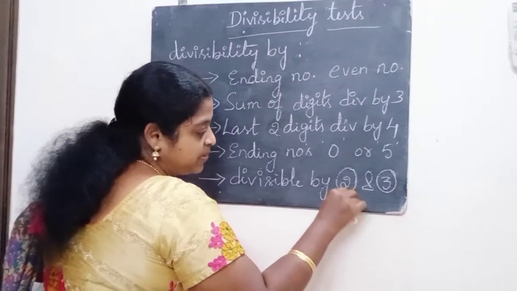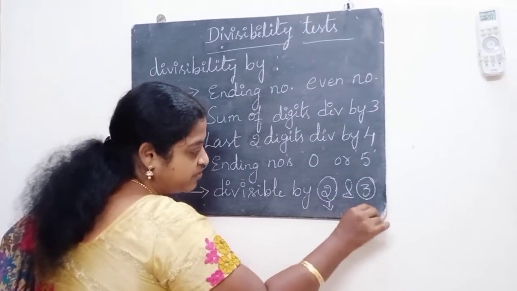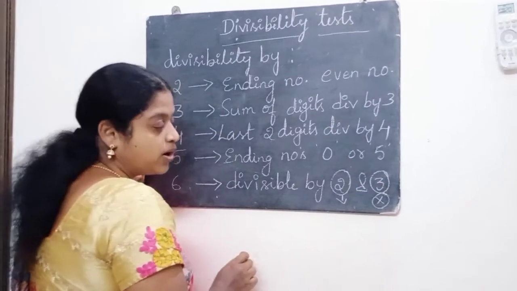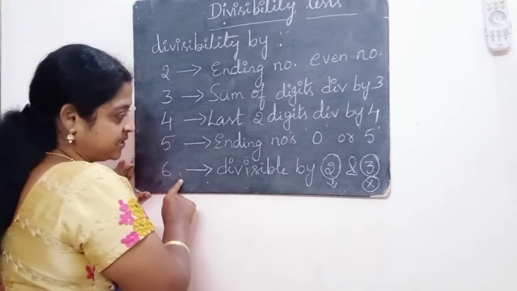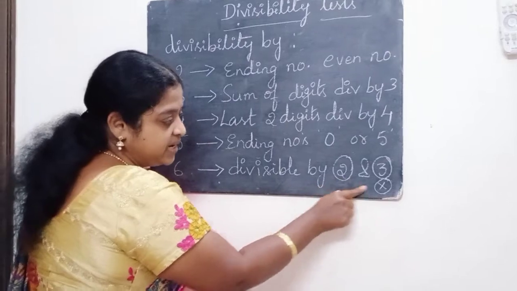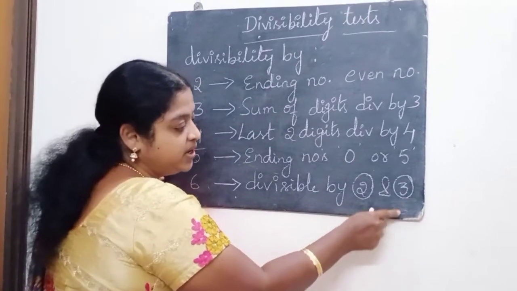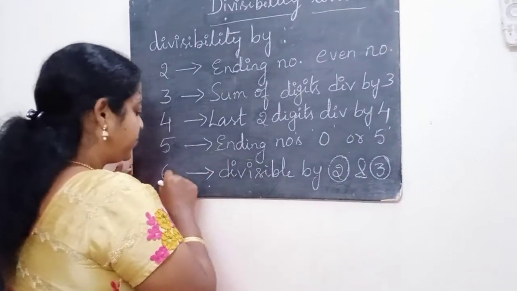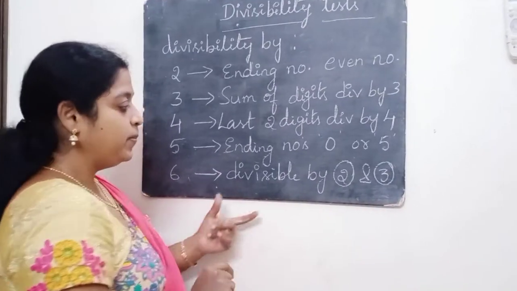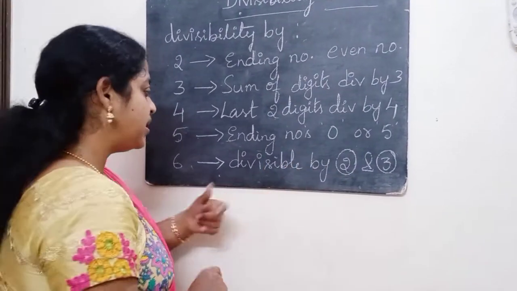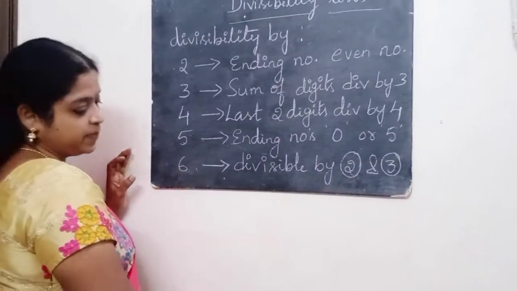If it is applicable only for 2 and not for 3, then that number is not divisible by 6. So both the rules of 2 and 3 should be applicable for that number. Then only we can say that the total number is divisible by 6. Okay.